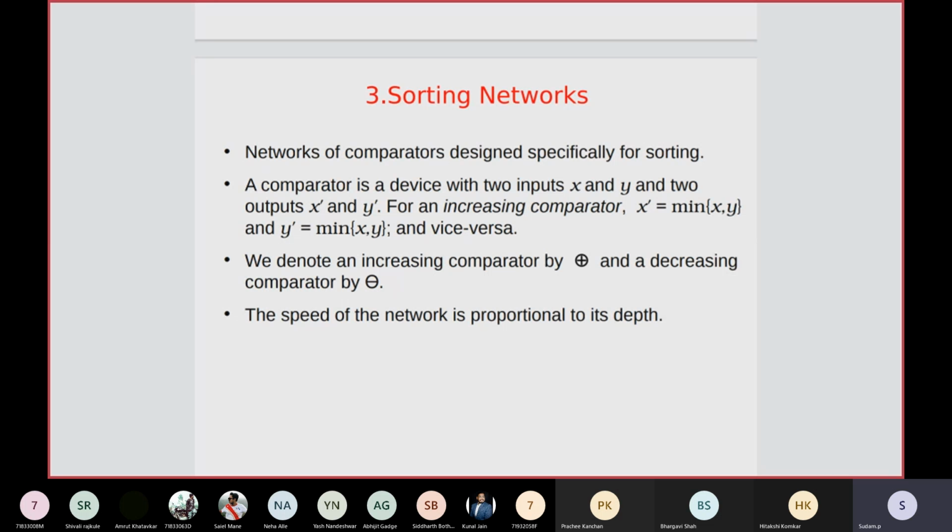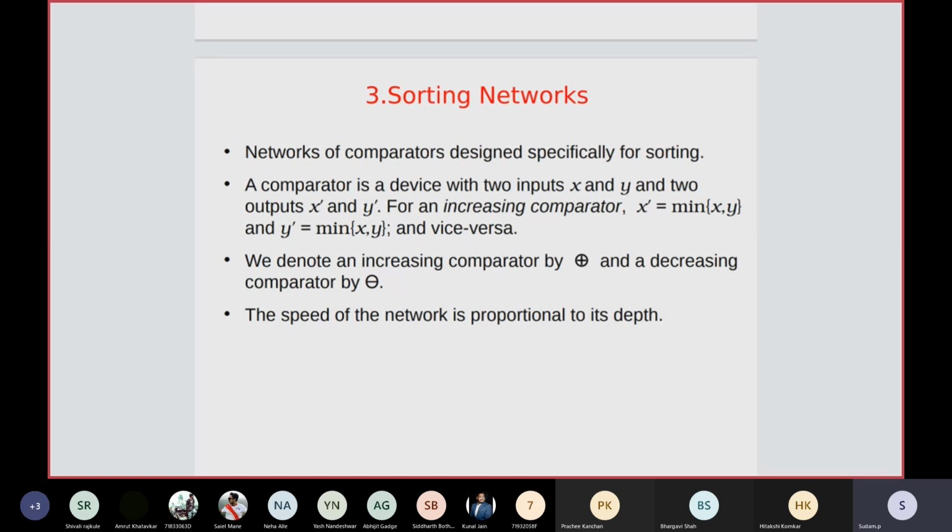You should know that a comparator is one kind of device having two inputs x and y, and it produces two outputs, x dash and y dash. There are two types of comparator, the increasing comparator and the decreasing comparator. The increasing comparator is generally represented using a circle with a plus sign, and the decreasing comparator using a circle with a minus sign.